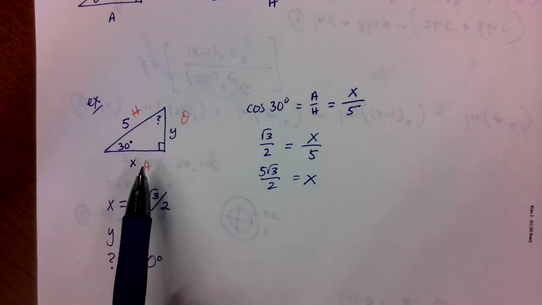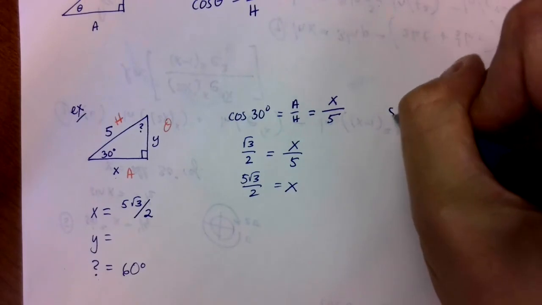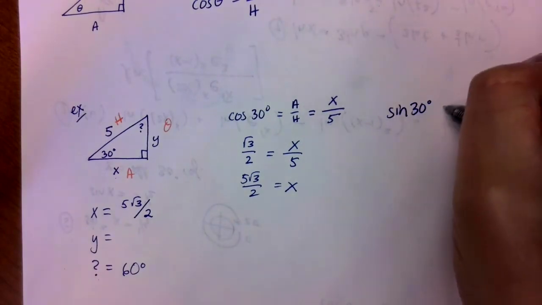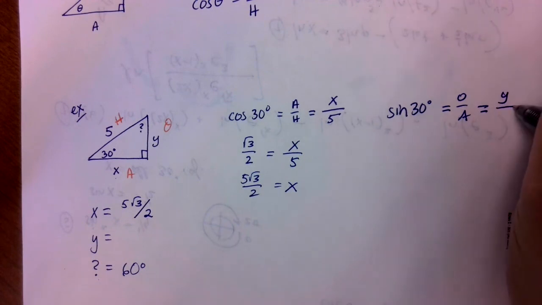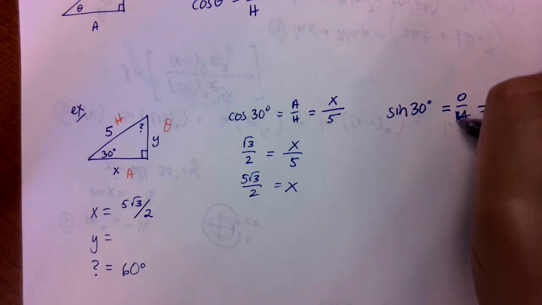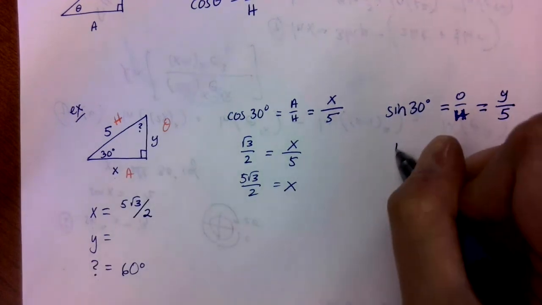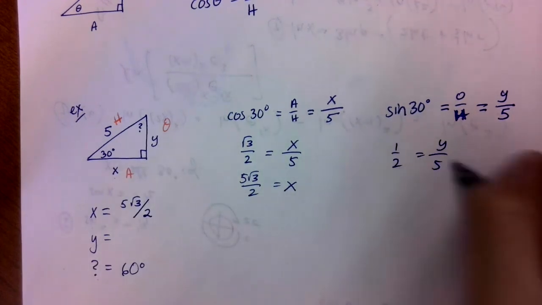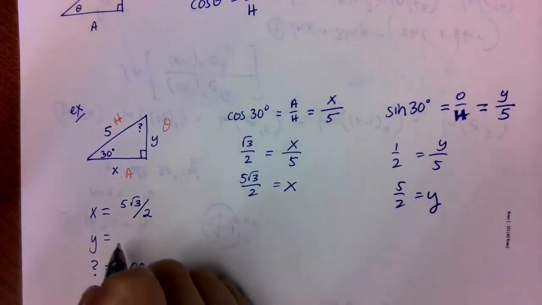I do have the A, so I could do tangent as well, but I'll do SOH. So we'll say the sine of 30 degrees equals O over H, which is mystery value Y over the 5. The sine of 30 degrees is 1/2. And again, just multiply by 5. And we have that Y is 5 over 2.